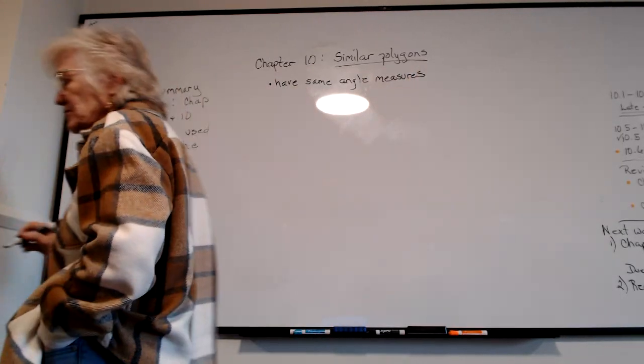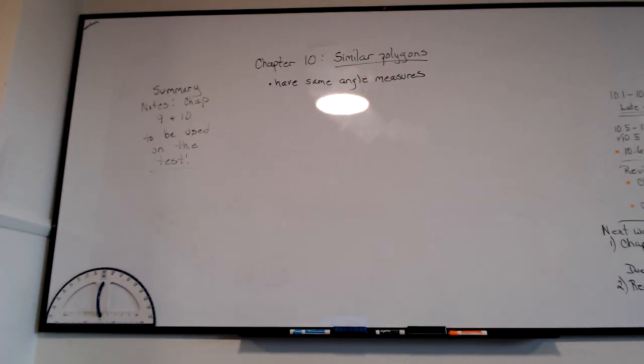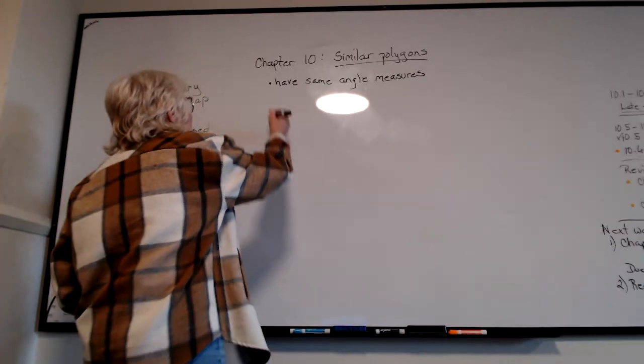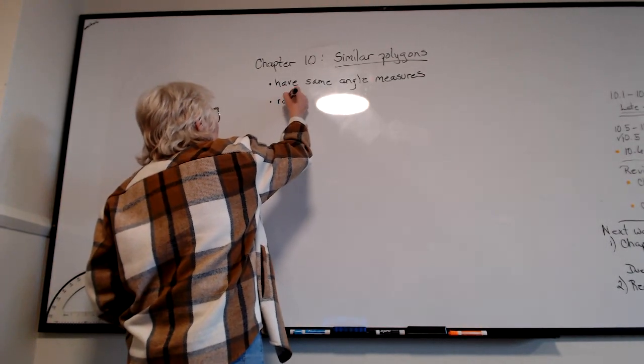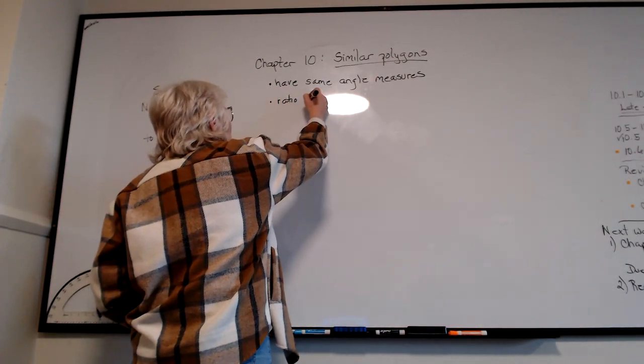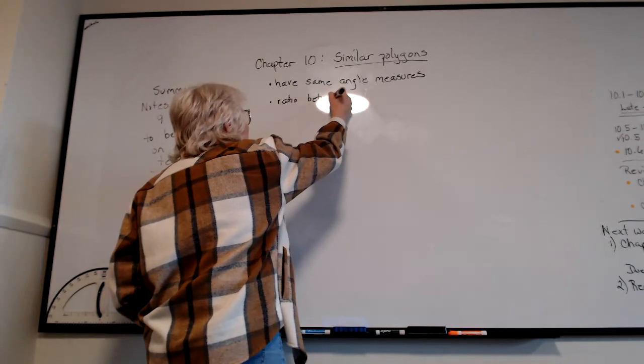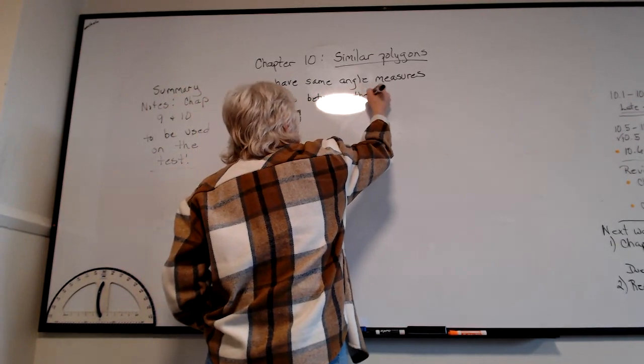Their angles all are the same measure as each other, so both pairs have the same angle measures. Then the ratio between the sides is constant.